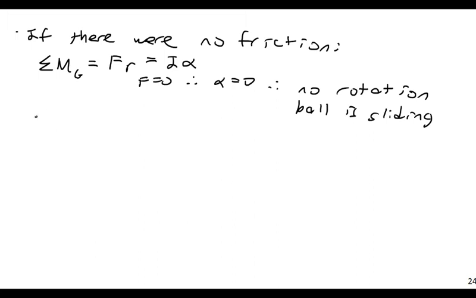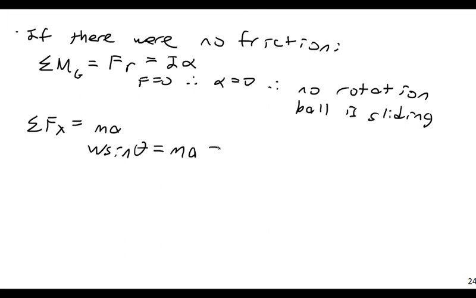Then I can look and say, okay, the summation of forces in the x direction is equal to MA, and I can then say that W sine theta is equal to MA, because previously we had the frictional force as a term in the x direction, but that's not there anymore.